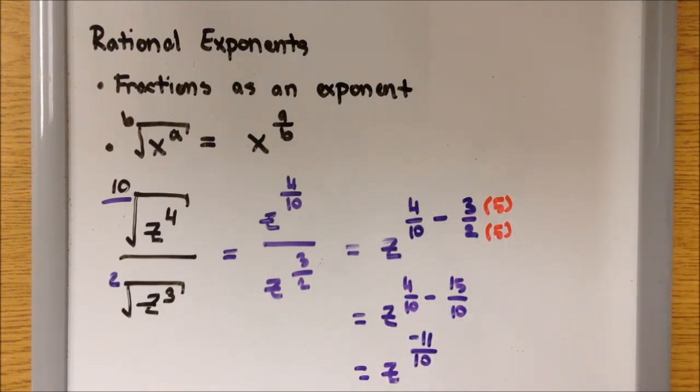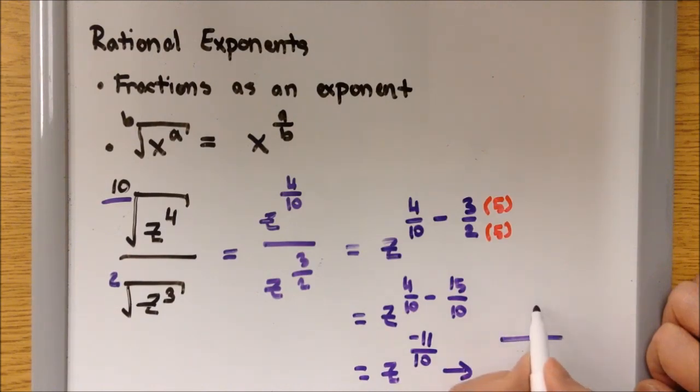So, since we have a negative exponent, what we're going to do is rewrite it as a positive exponent. Since it's negative, right now it's in the numerator, so we bring it down to the denominator.